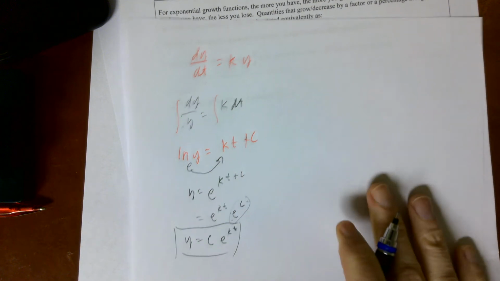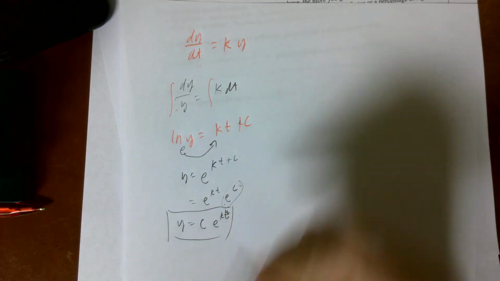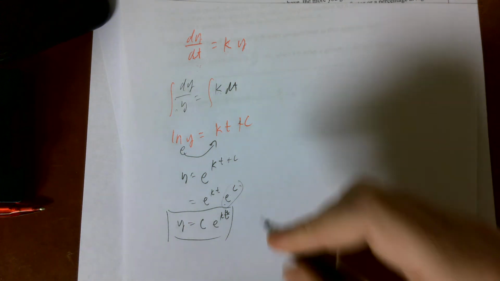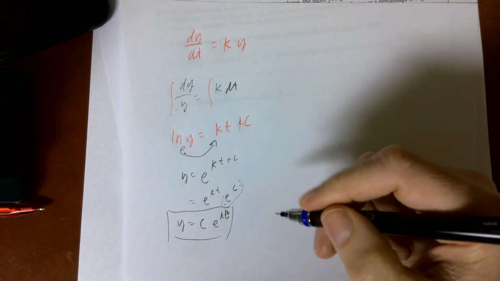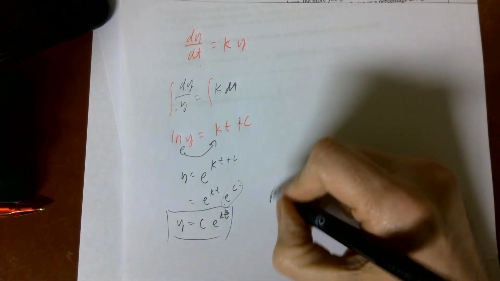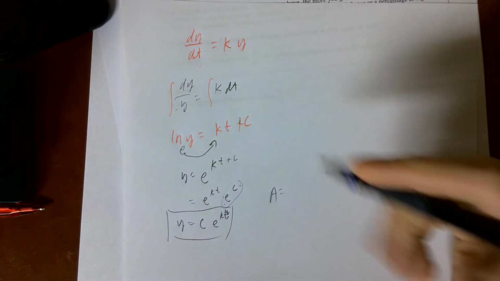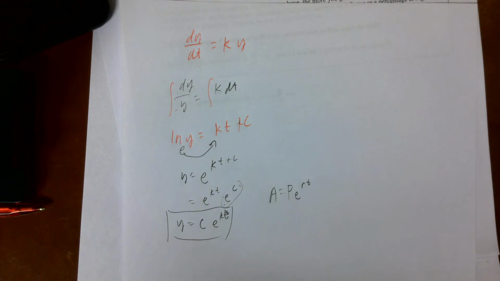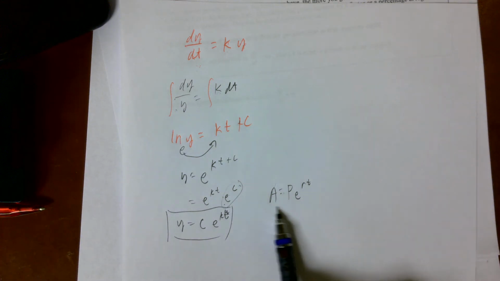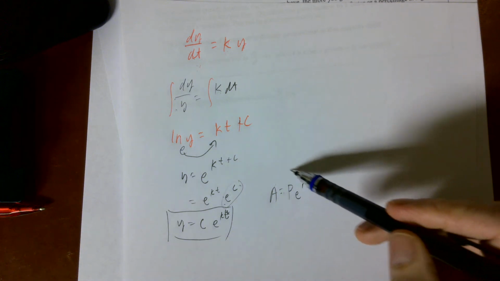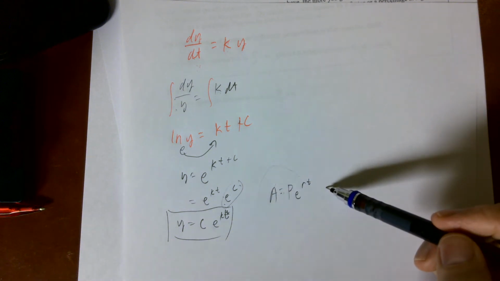Okay. So why am I talking about this? Well, I don't know if you remember this, but in Algebra 2, I think it was, did you ever see this formula? It was A equals P e to the rt. This little formula was for compounding interest continuously, but he tended to use it for exponential growth and decay.